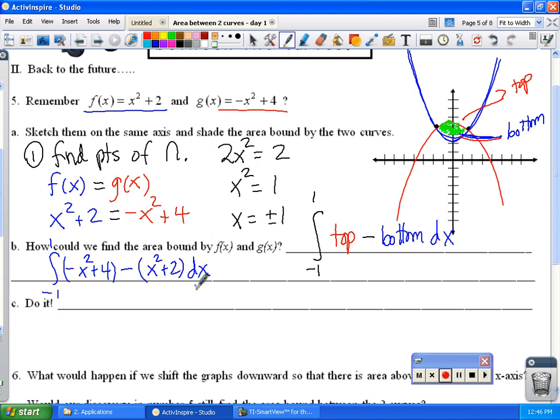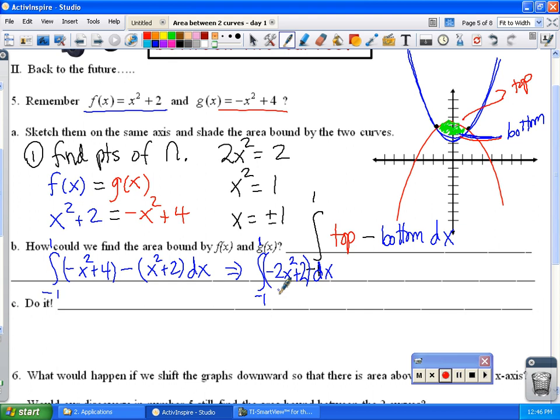We could break this up into two different integrals, or what makes more sense to me is to simplify that and make it negative 1 to 1, and I'm going to combine like terms. Negative x squared minus x squared is negative 2x squared. Positive 4 minus 2 would give me plus 2, dx. And then from there, you can see what we need to do.